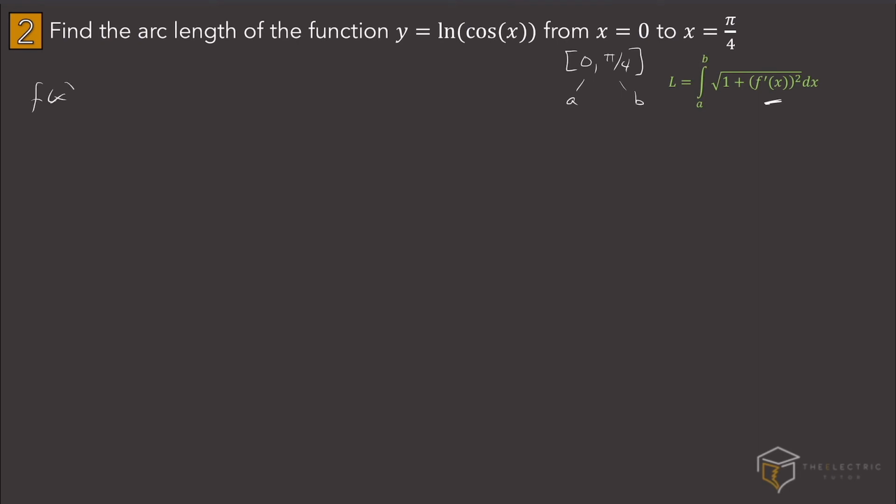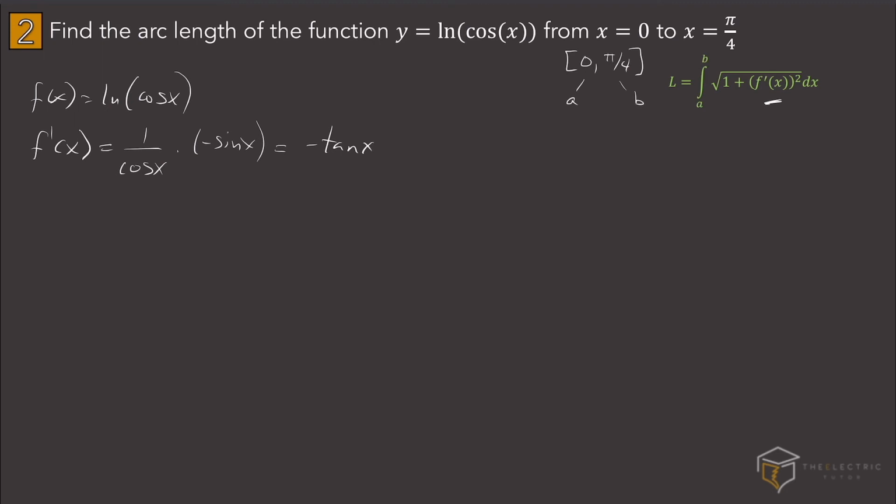So if f of x is natural log of cosine x, then f prime is, the derivative of natural log is 1 over the argument times, because of the chain rule, the derivative of the argument, which is minus sine x, which simplifies to minus tangent x.